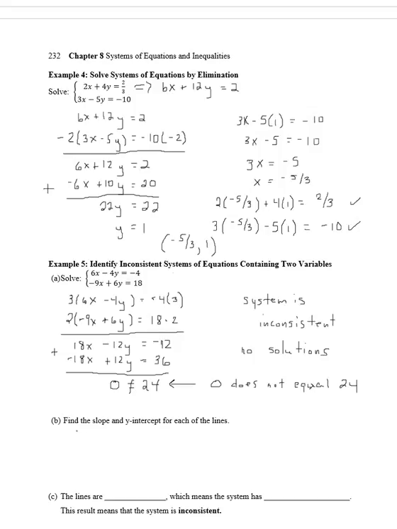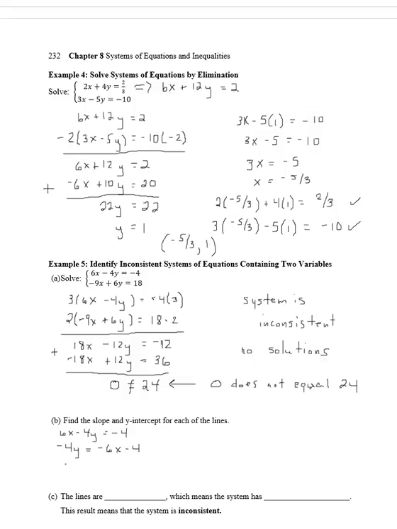So if we find the slope and the y-intercept for each of those lines, let's see, 6x minus 4y equals negative 4. So in other words, transform these into slope-intercept form by solving for y. So negative 4y equals negative 6x minus 4.